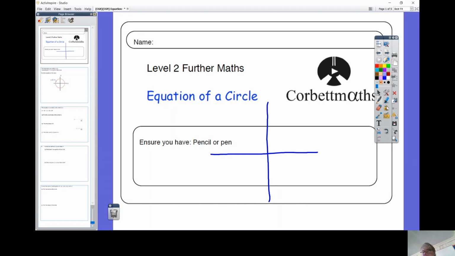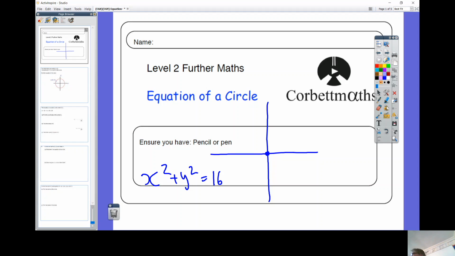Right, okay. Shush. So for IGCSE, you need to know where the centre is the origin, and it's something like x squared plus y squared equals 16. The 16 is the radius squared.